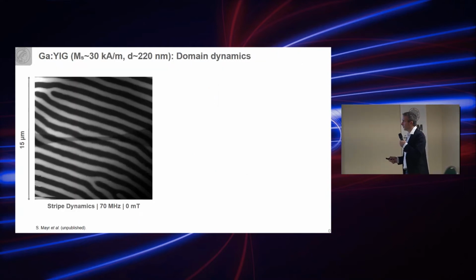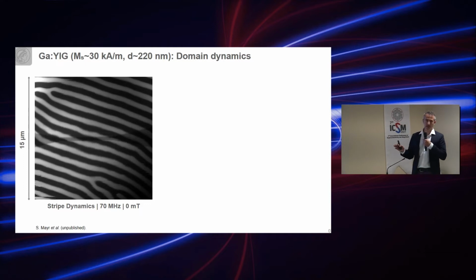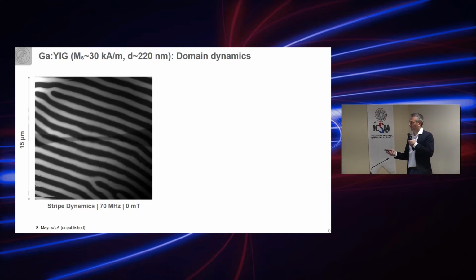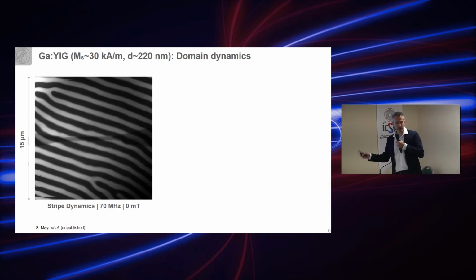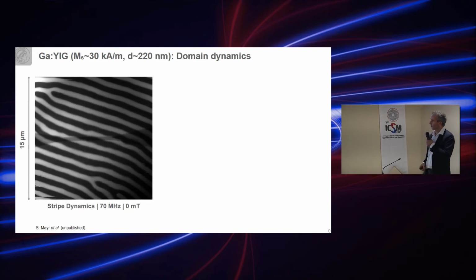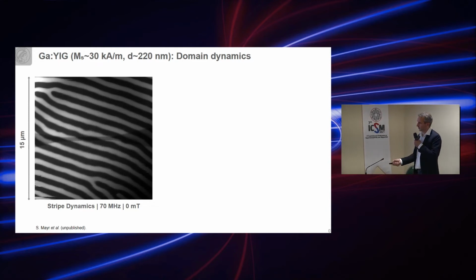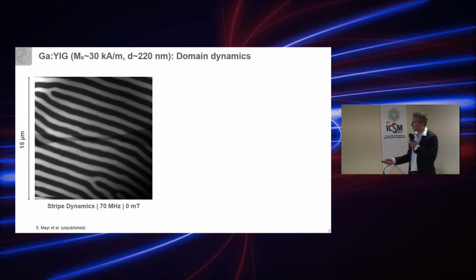And in a different sample that has a little bit higher effective magnetization, we have domains forming even at zero field. So this is a zero field image here, again at lower frequency, 70 megahertz, and then you have these stripe domains.